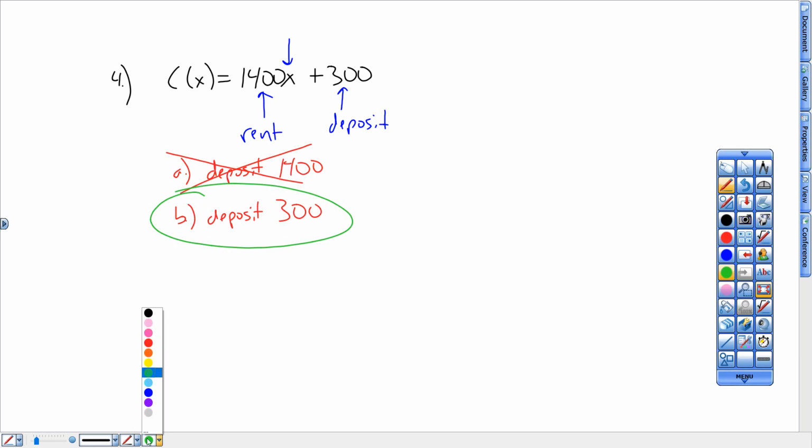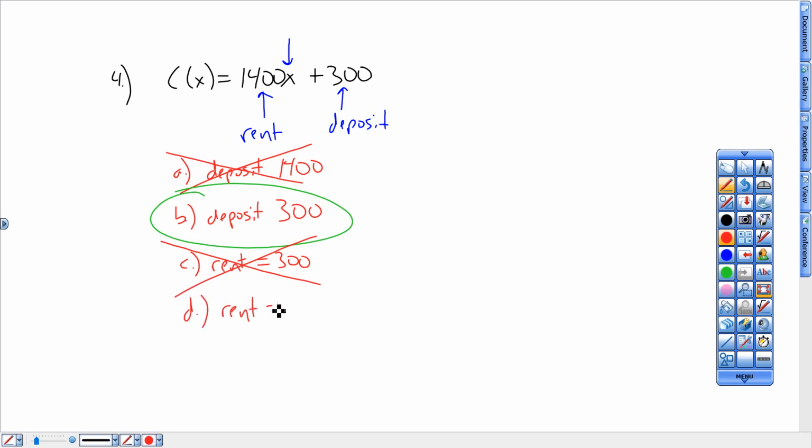If I look at that third choice for C and it says the rent is 300, that one is showing me the deposit number. That would be no good. If it says the rent was 1400, then I would say yes. But this says the rent is 300. If I look at that next one though, it does say the rent is 1400, that number in front of x. So that one is good.